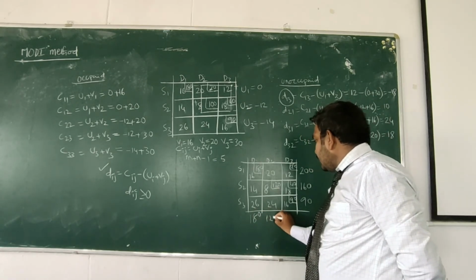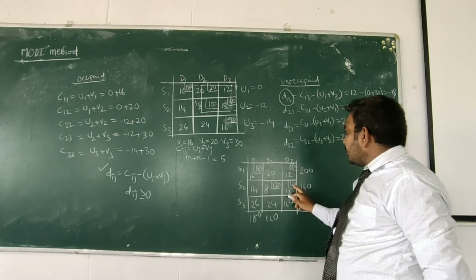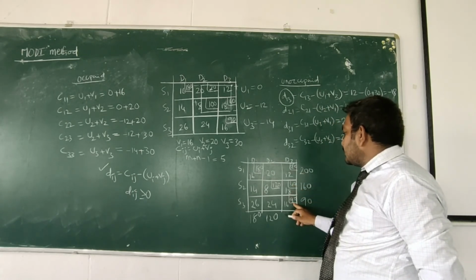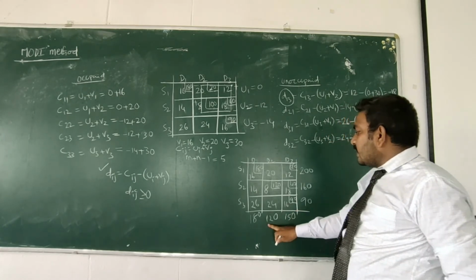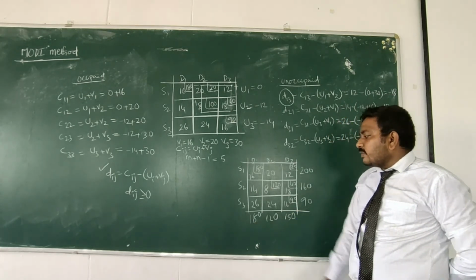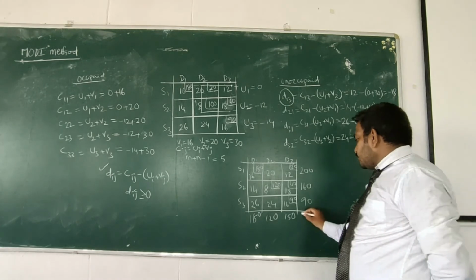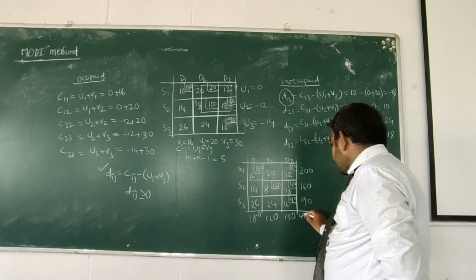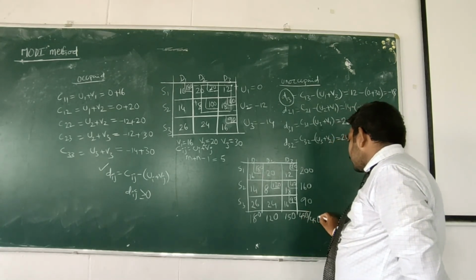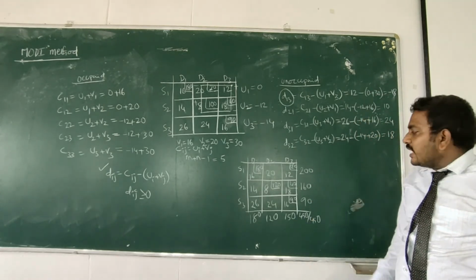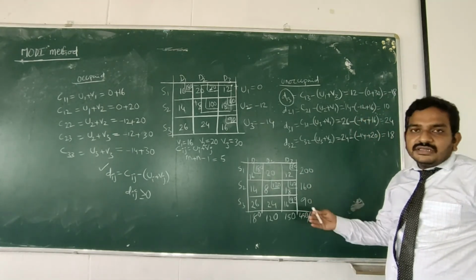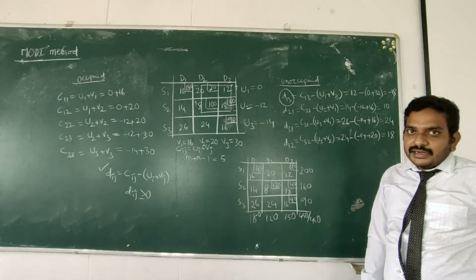This is 120, 20 plus 40, 60, 60 plus 90, that is 150. 150 plus 120, 270, 270 plus 180, that is 450. It is the same problem. We have demand that matches the supply and demand rim conditions.